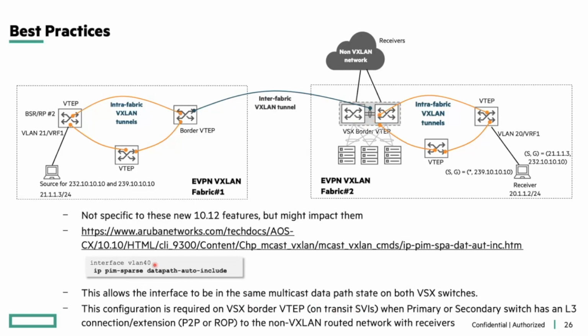This is not on the SVI facing your receivers or sources. It's on the SVI in between the VSX switches. It's only required when there's an L3 connection, a point-to-point or ROP to the non-VXLAN routed network with receivers.